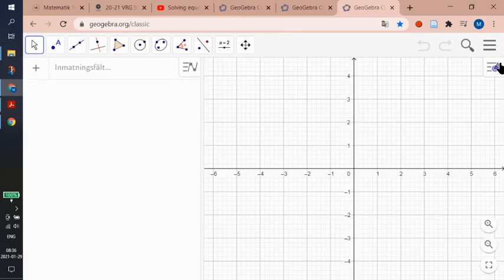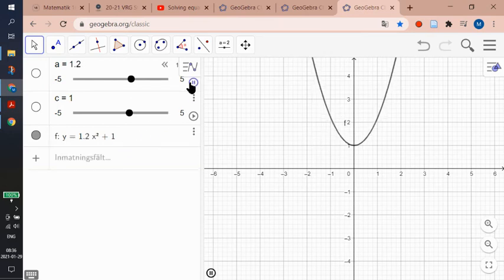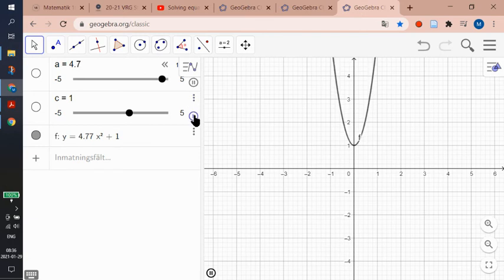If I start with y equals a times x squared plus c, setting the value of b equal to 0, we see that the values of a and c can change.